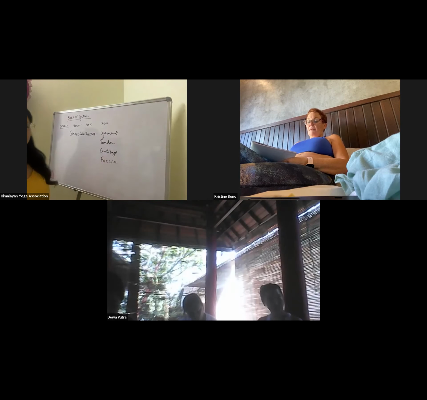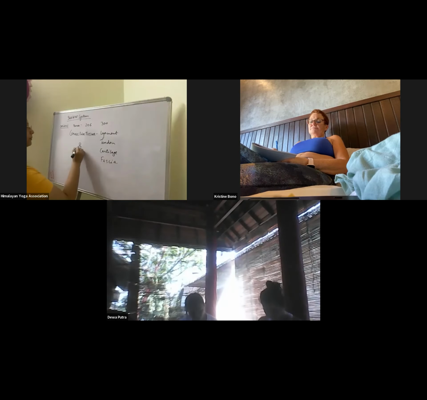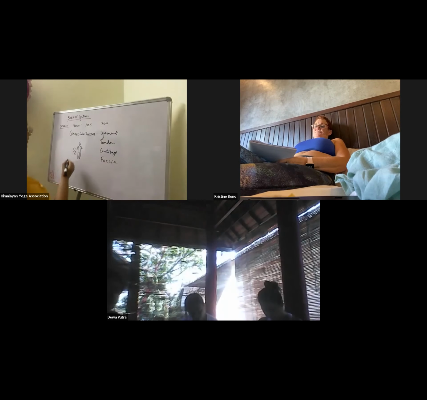Yes. This is the analogy I'm giving. If a child is this much, a full man is this much. Then how come in this we have 300, and in this we have only 206?